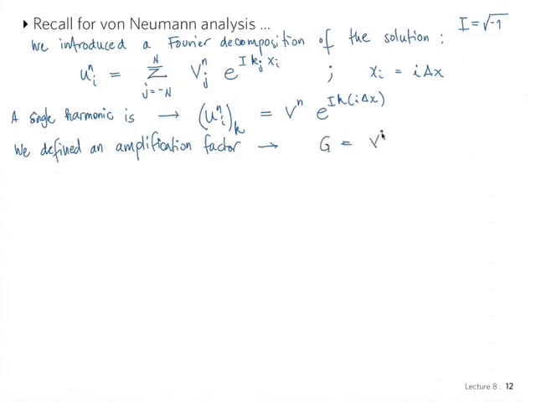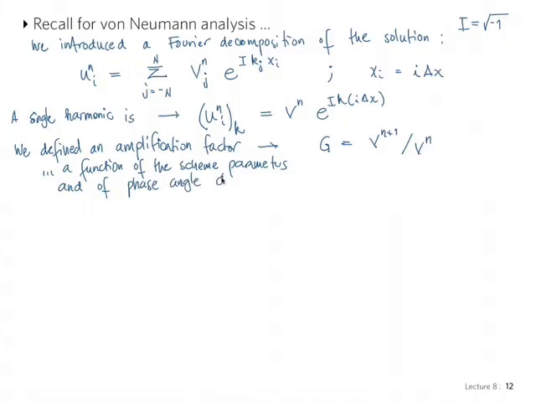This amplification factor was G equal to V^(n+1) over V^n, and we said this is a function of the scheme parameters, and also of the phase angle phi, but not a function of n, our time level.